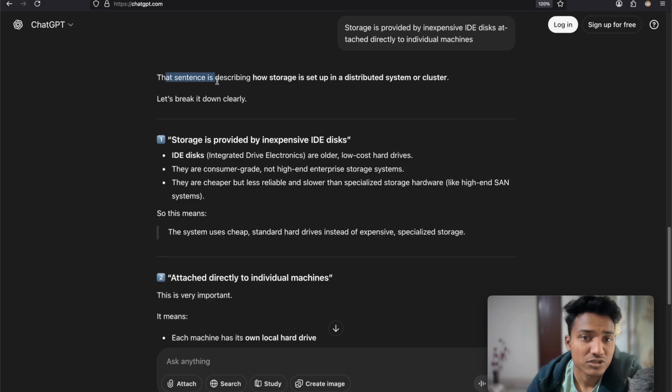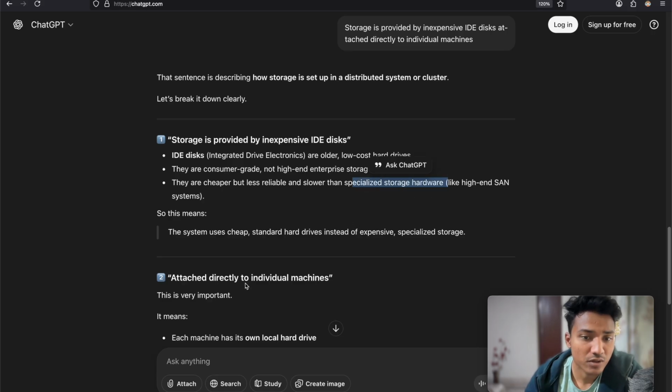So the sentence is describing how storage is set up for a distributed system or cluster. Okay, so the IDE, which means integrated drive electronics, are older low-cost hard drives. The consumer grade, not high-end enterprise storage system. They are cheaper but less reliable or slower than specialized hard disk storage hardware.